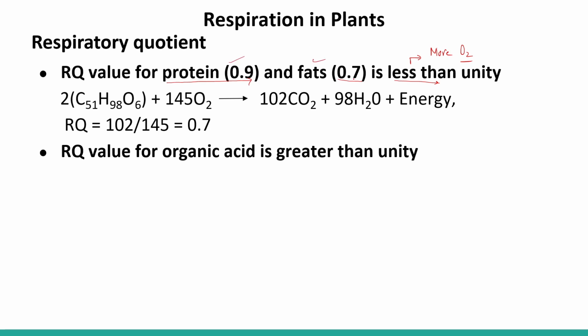That's why the RQ value is lower, 0.7 as compared to 0.9. This is an example of the RQ value of fat. This is tripalmitic acid. See, the amount of oxygen used is very high, 145, and carbon dioxide produced is 102. So the RQ value will be 102 divided by 145, which is around 0.7.